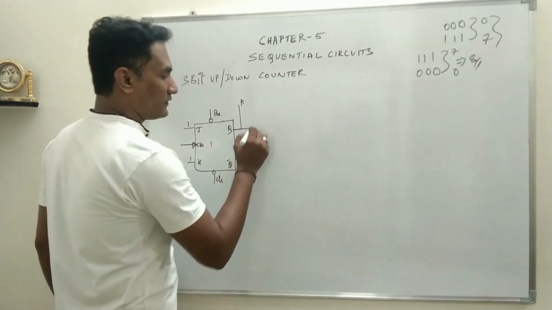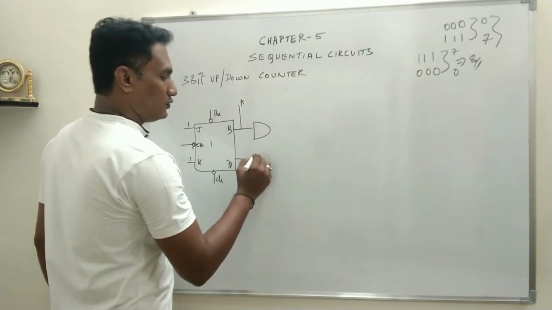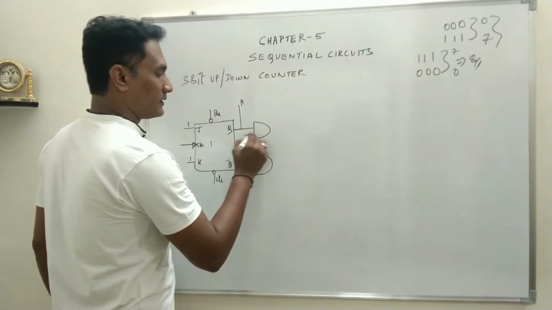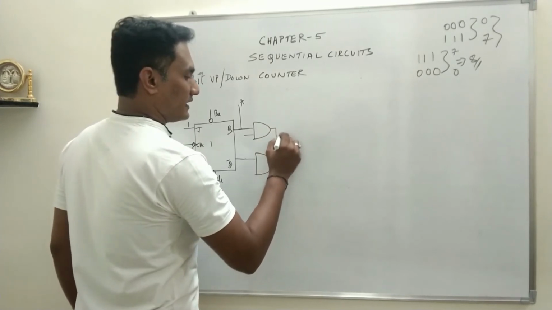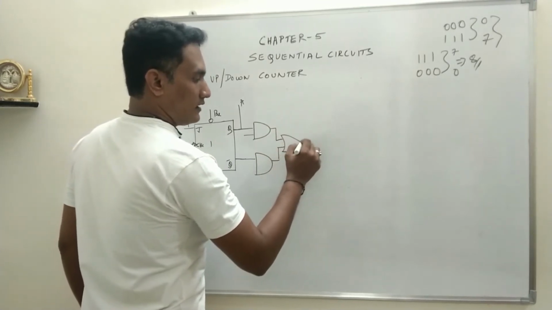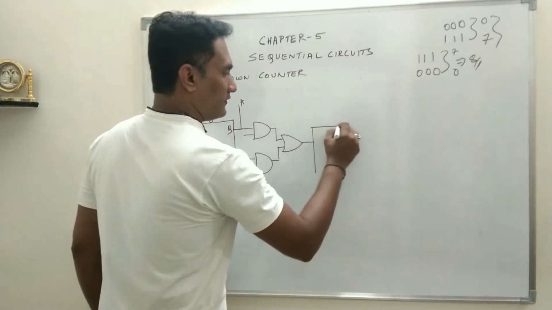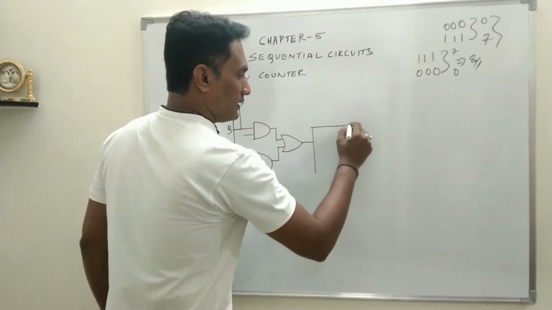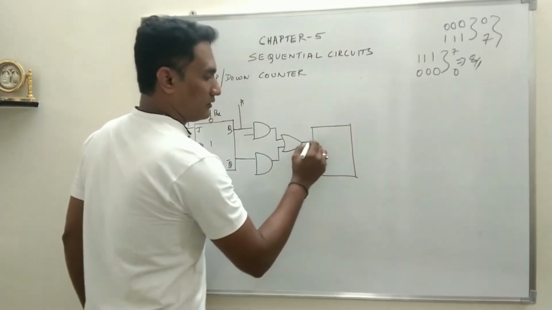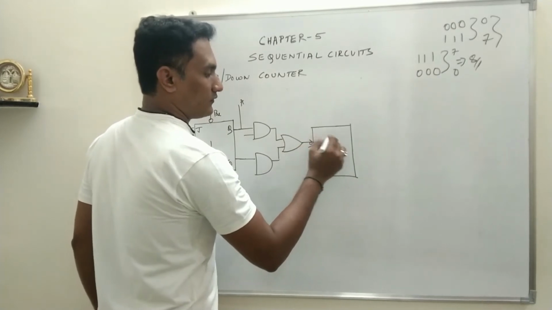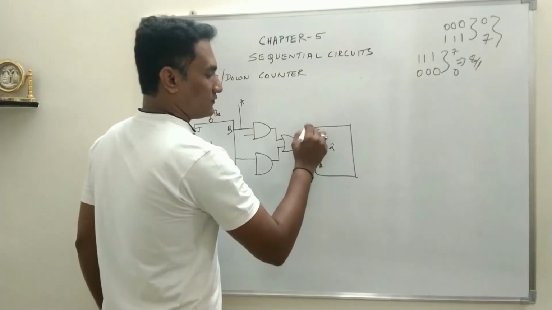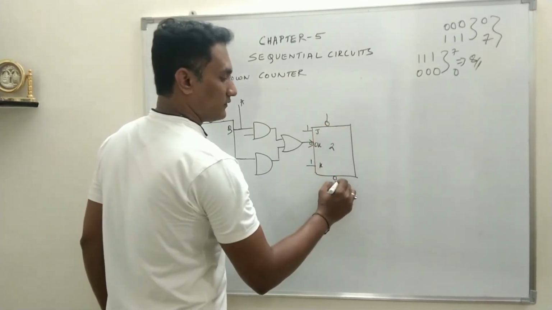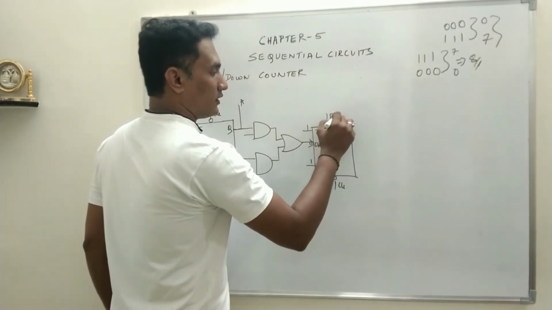At the output of the first, we will be having 2 AND gates, and the outputs of these AND gates are connected to an OR gate, and the output of the OR gate will be the clock input for the second. Of course again J and K are 1, because we are using all flip-flops working in toggle mode.